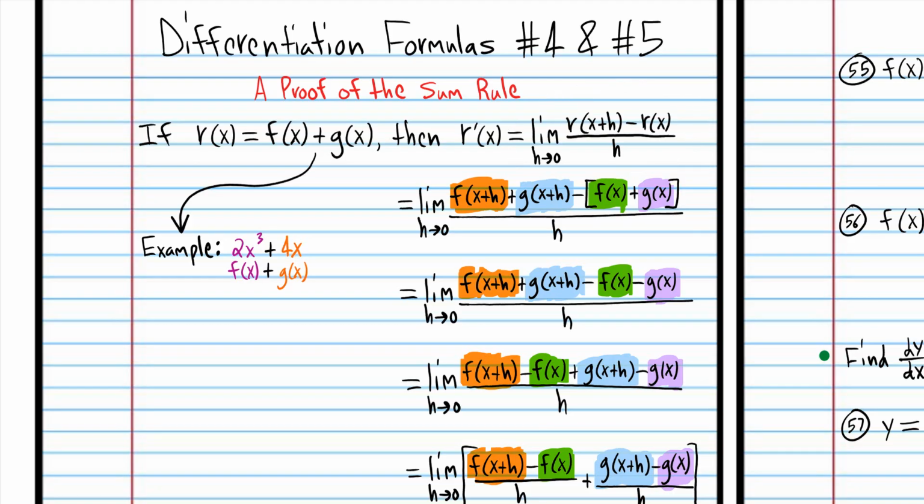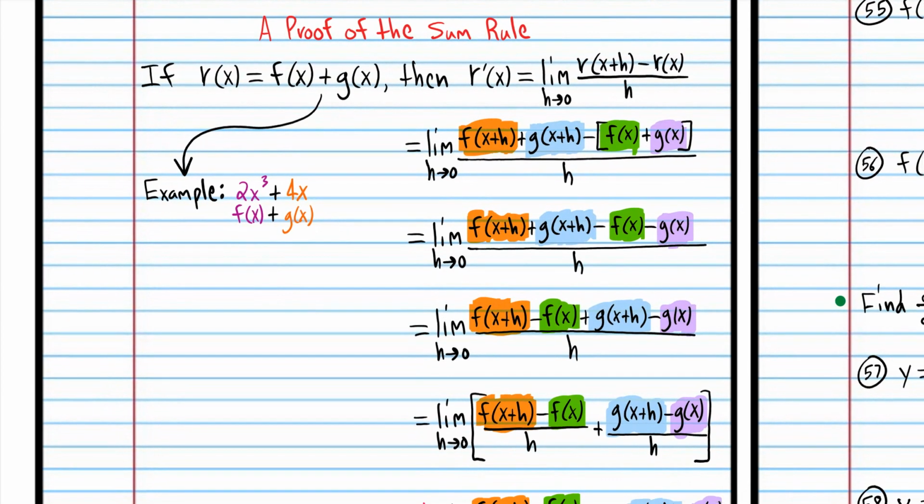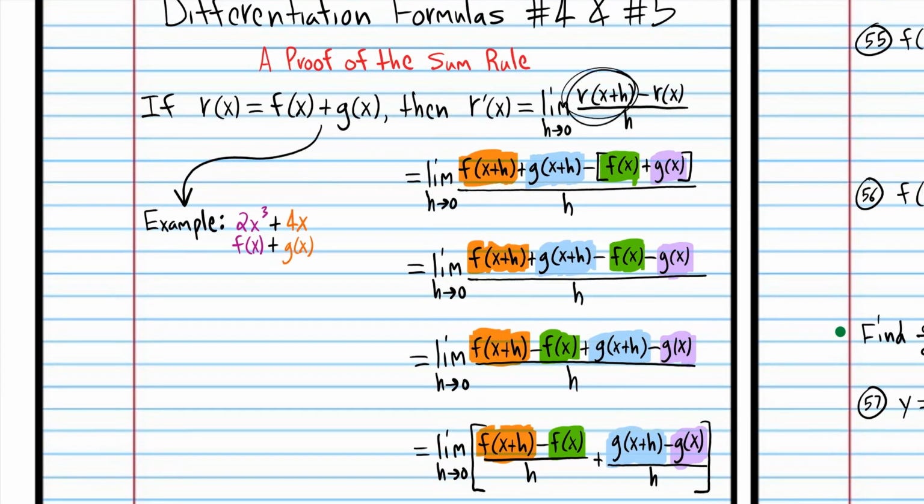So the limit of r of x plus h minus r of x over h as h approaches 0. But r of x is f of x plus g of x. So we plug it in there, and r of x plus h is the same thing as r of x, just with x plus h substituted for x.